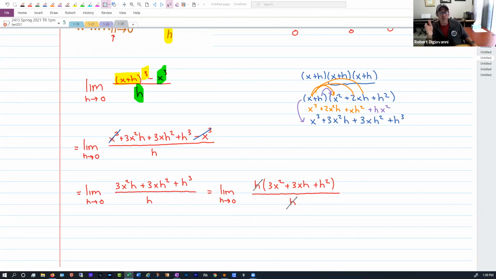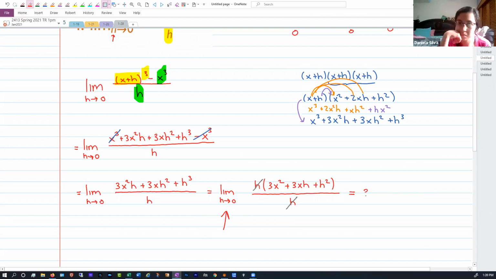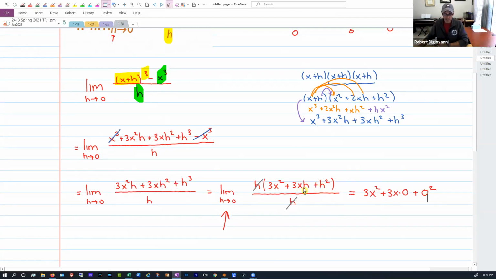Yeah. So now we do the direct substitution. We take the limit. We no longer write limit, okay? And we're replacing all of the h's with 0. So we're going to get 3x squared plus 3x times 0 plus 0 squared. So I just replace these h's with zeros. And when that's all said and done, I just get 3x squared.